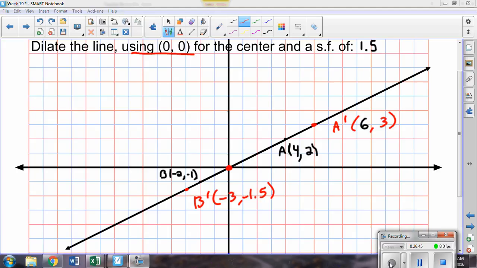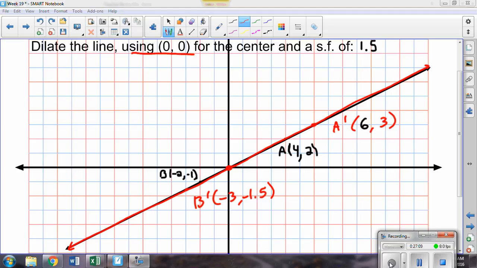Except in this instance, lines have infinite length, so we still go on past our point, continuing the trend forever. For this example, the dilation goes exactly on top of where it began. It just stretched out the line.